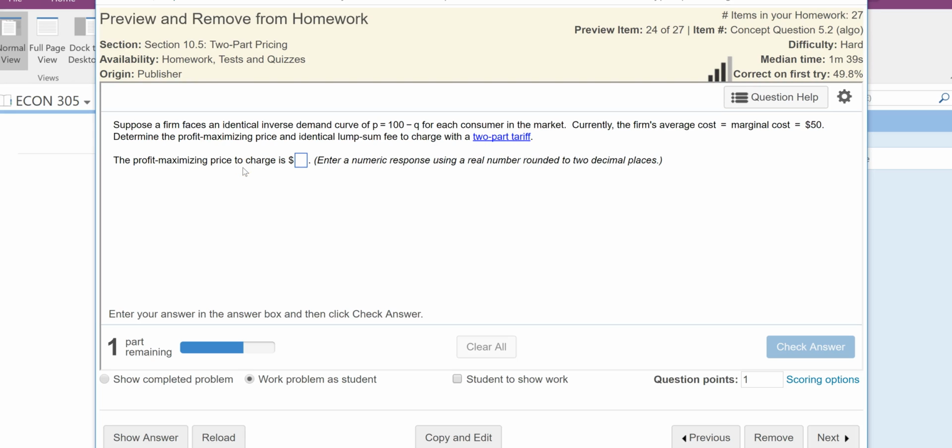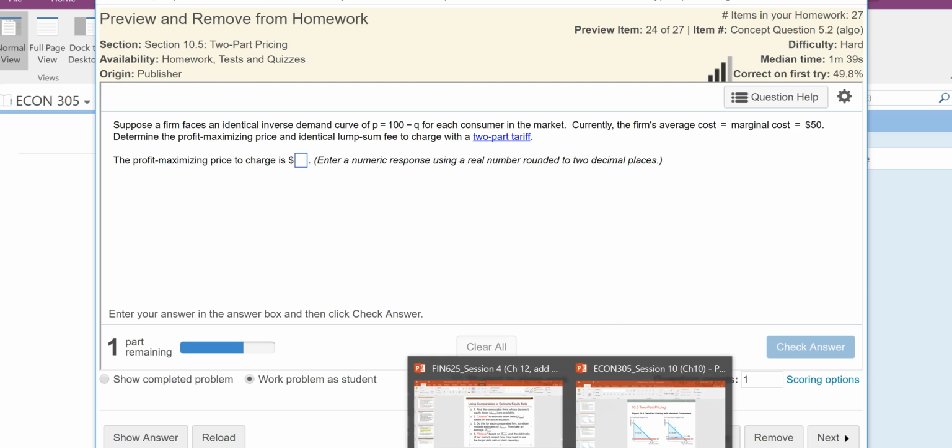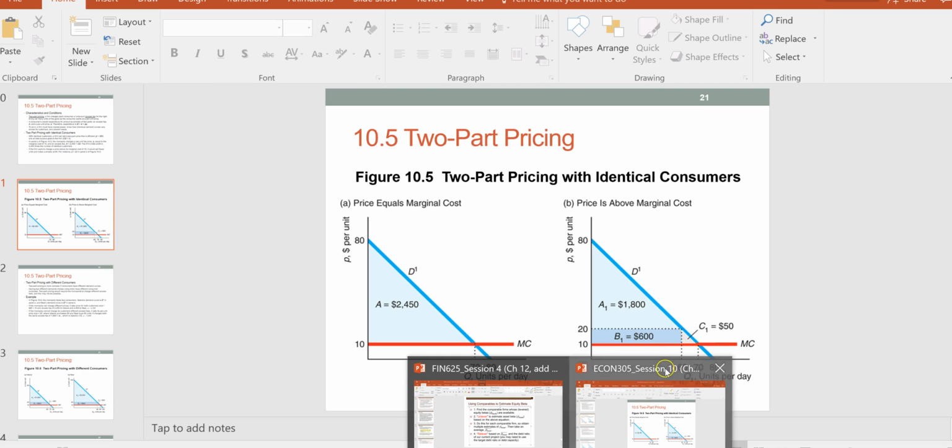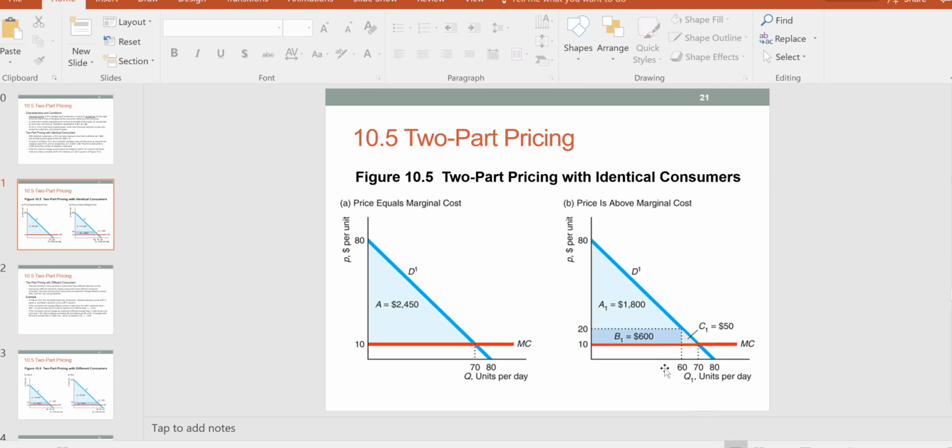So this is a very classical and standard question in terms of a two-part tariff. If you check the textbook or my lecture slides, with the two-part tariff, the monopoly actually charges two parts.